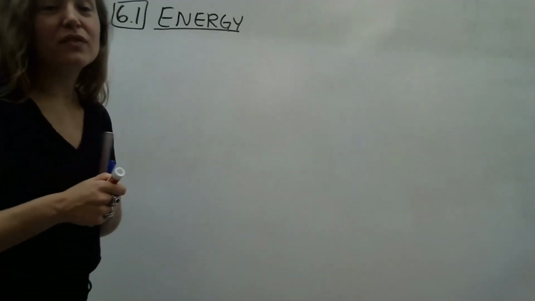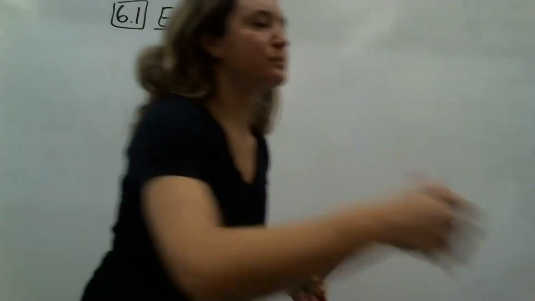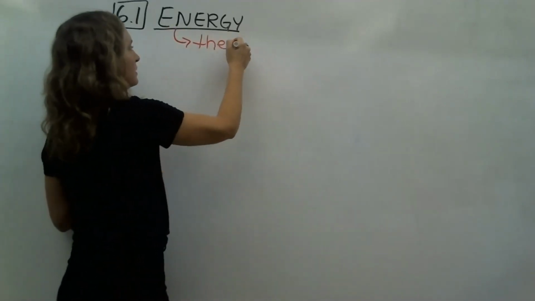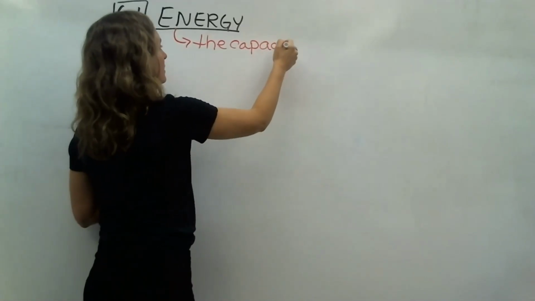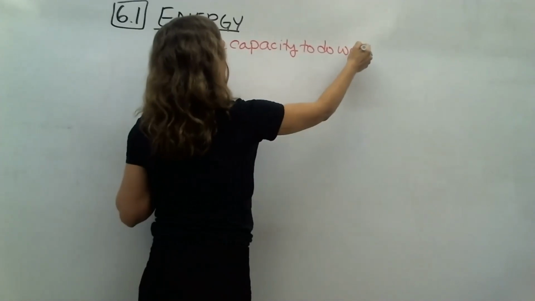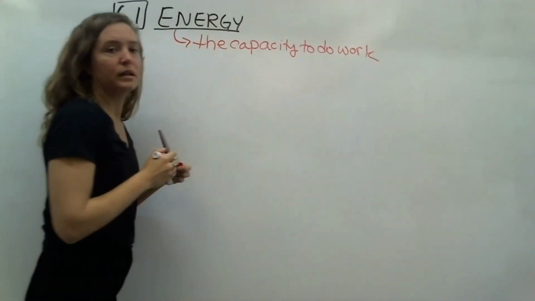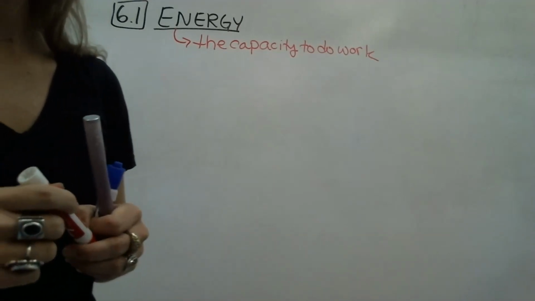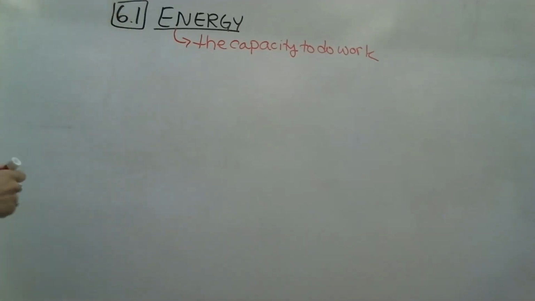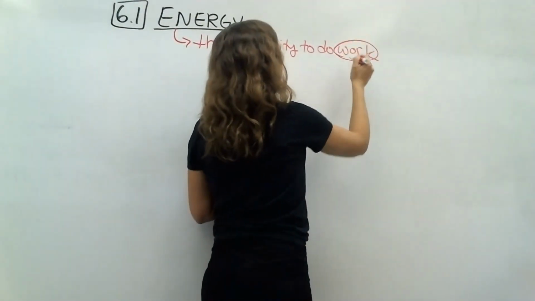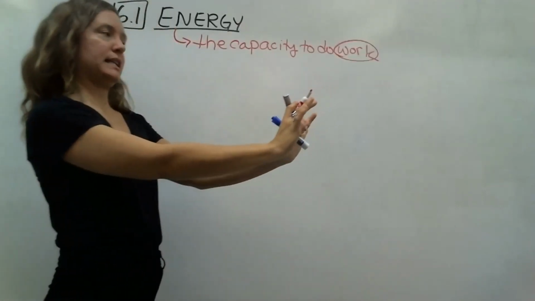So the definition for energy that we're going to use is just the capacity to do work. The capacity to do work. And we can define work as a force exerted across a distance.